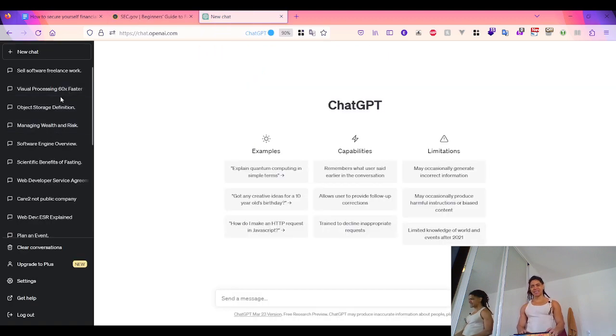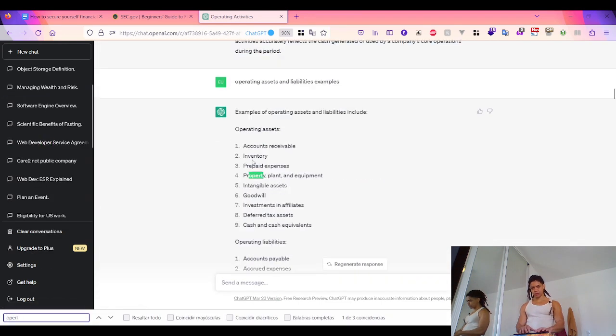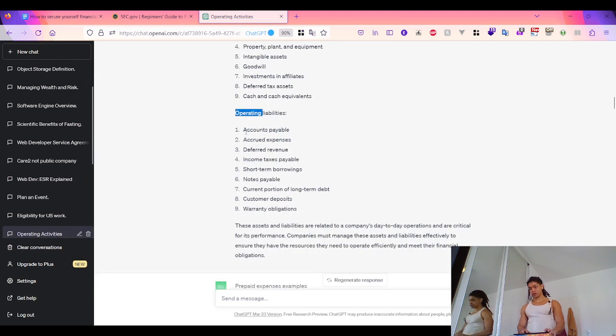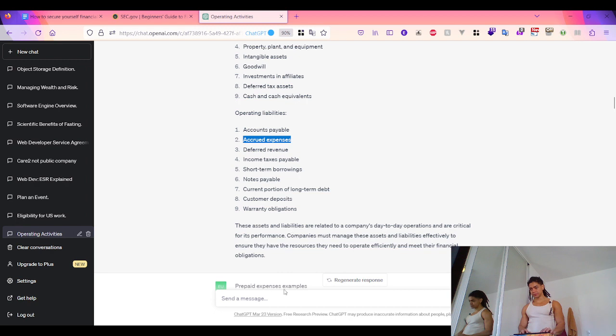And then I look at the operating liabilities. Operating liabilities, like accounts payable, accrued expense, as well as deferred revenue, as well as income tax, and short-term borrowing.